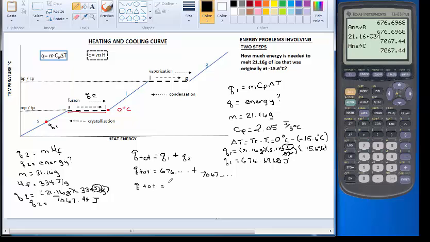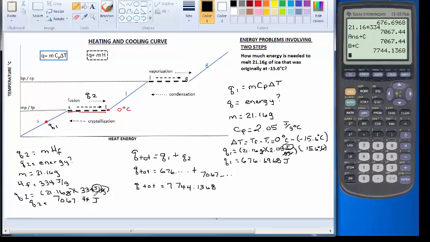So for our total Q, we can go into our calculator, and since we stored those numbers, we can say our Q1, which we called B, plus our Q2, which we called C. If we press enter, then we get the number 7,744.1368.